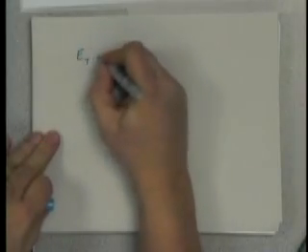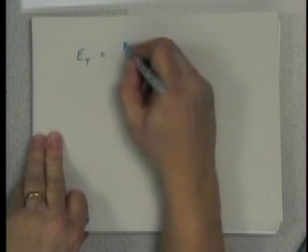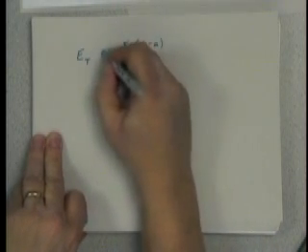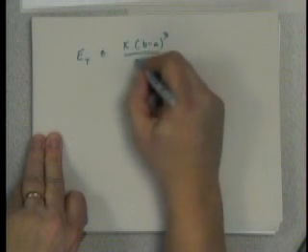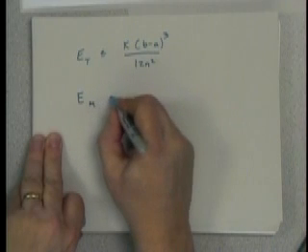So the error equals, less than or equal to, I'll use M for midpoint.